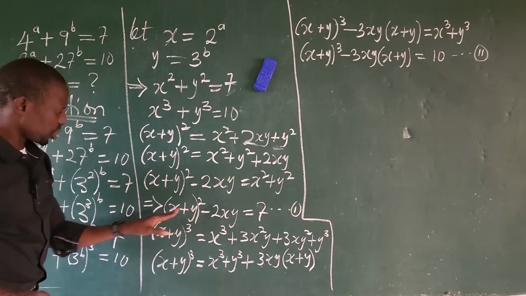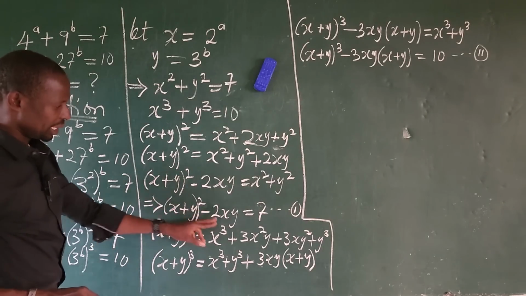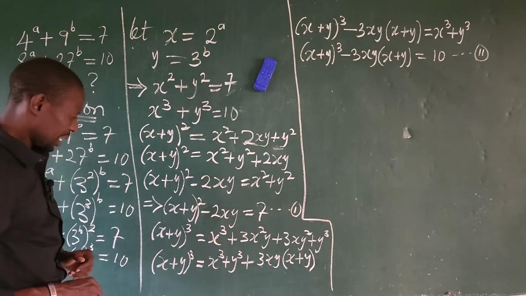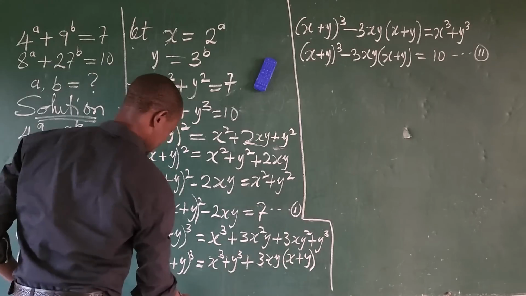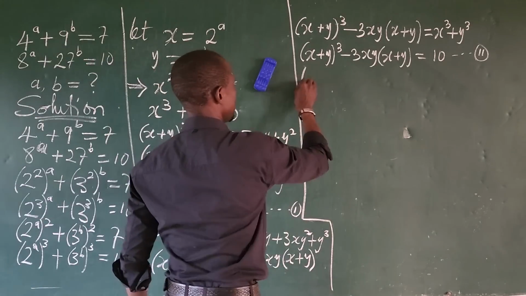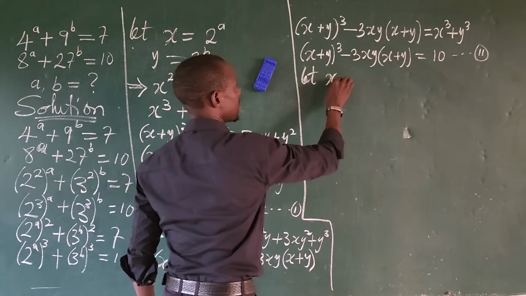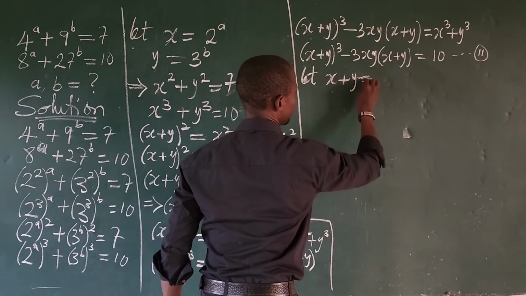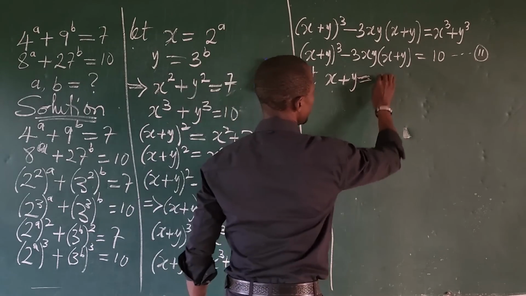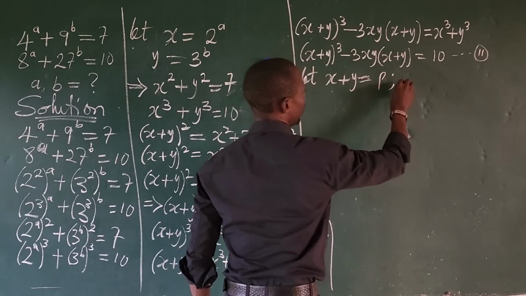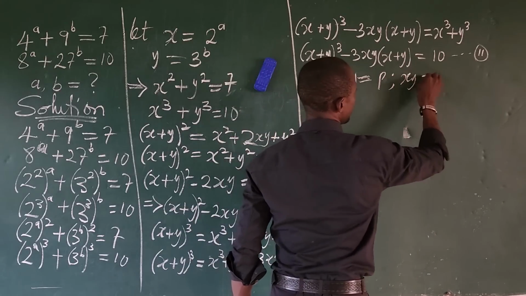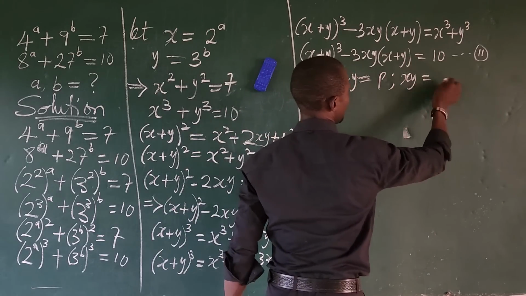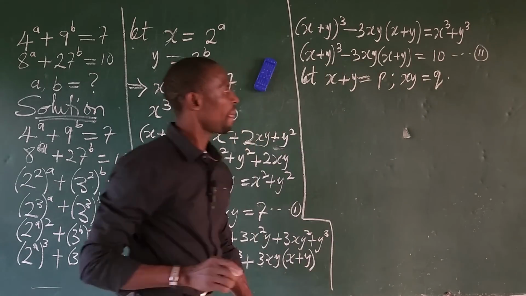And also in equation 1, we are having x plus y, then xy. So we can do another crazy substitution here now. All right. So from here, we can now let x plus y be equal to p, and xy be equal to q.